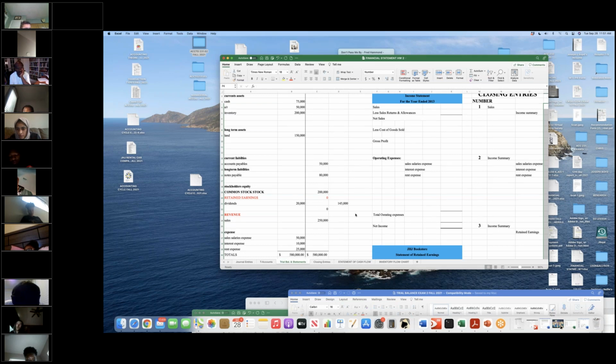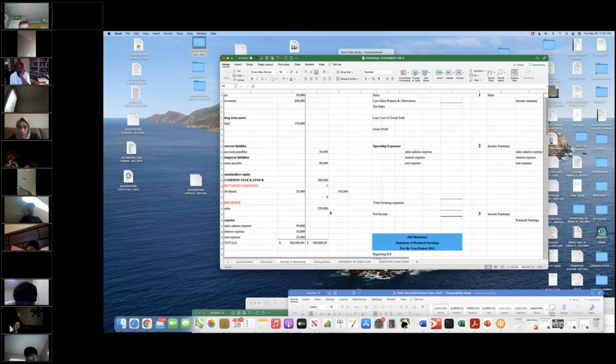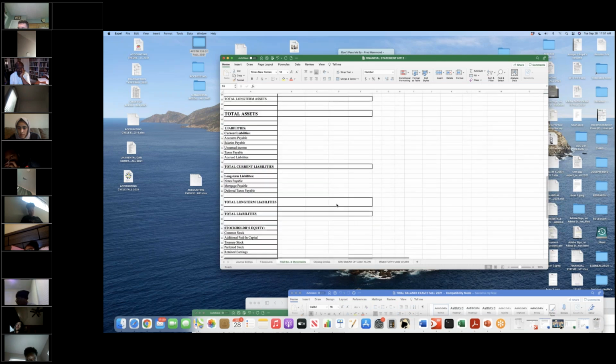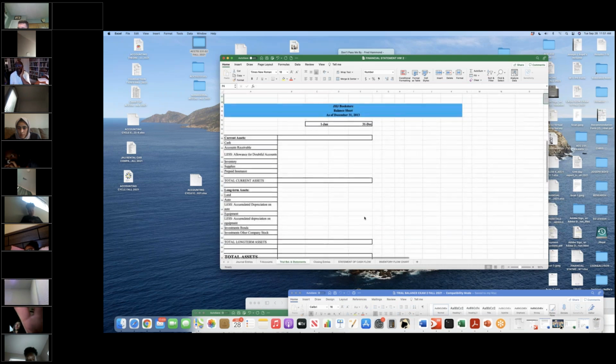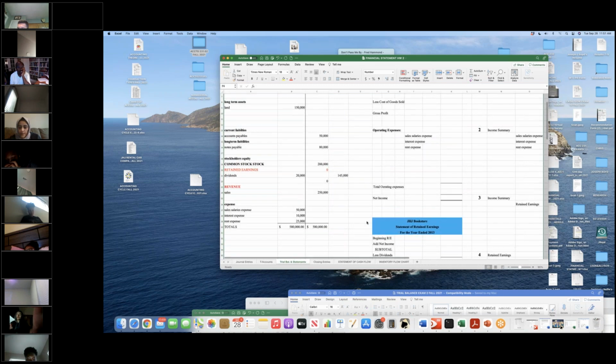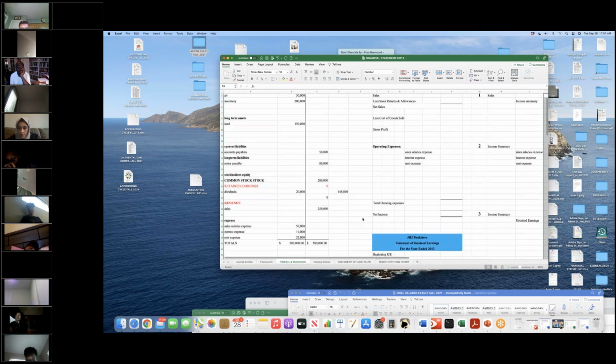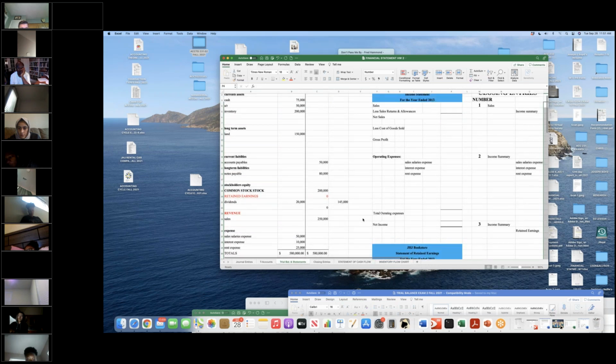Okay, you see where it says total assets and it's bolded, and you said we have to add it up at the end, and the assets and the liabilities should add up down here. We're going to get down here, but I want to make sure we can get to the top. We're going to get there, but let's get to the trial balance first.